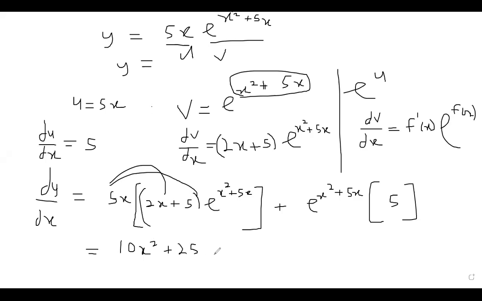Then still multiply by e raised to the power x squared plus 5x. Then plus what? 5 times e raised to the power x squared plus 5x. Okay, good. So this becomes your final answer for that particular question. Good. Any other question?